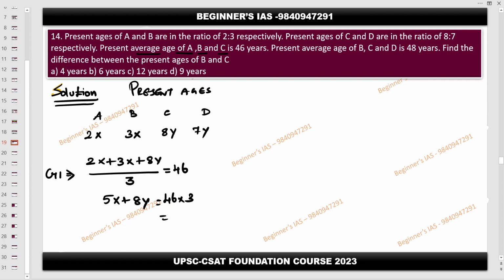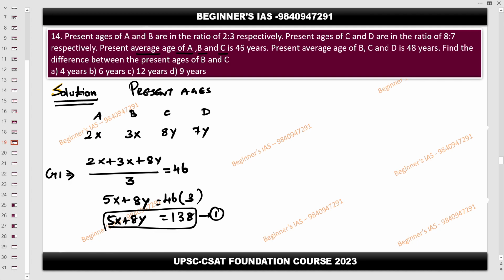This 46 into 3, don't consider this as x, this is the multiplication. So 46 into 3 is 138. So 5x plus 8y is equal to 138. Take this as equation number 1.